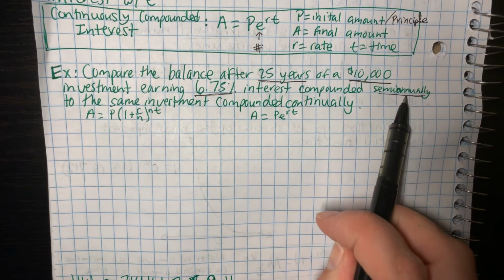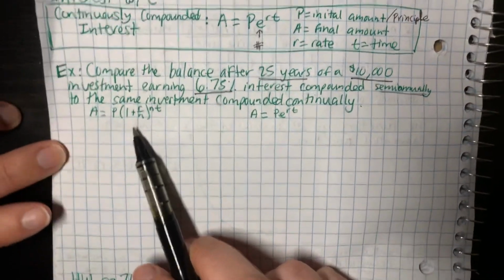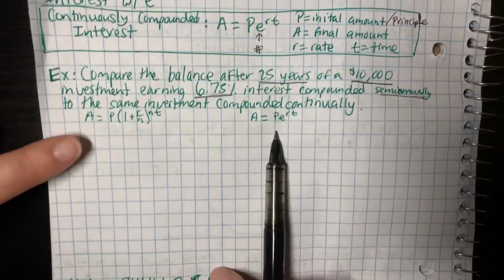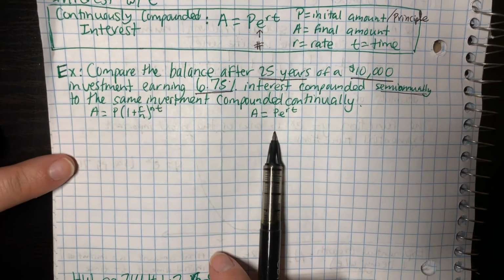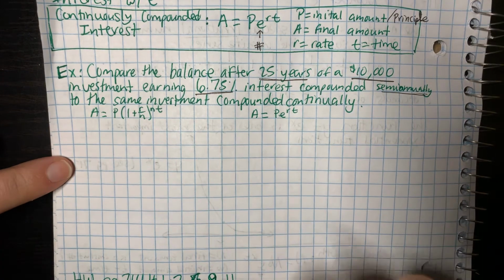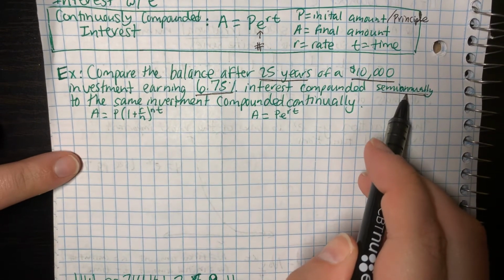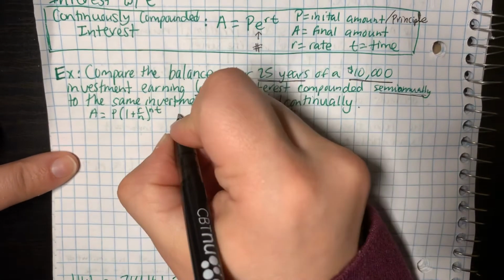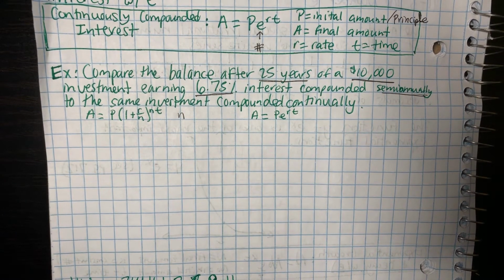Okay, so for semi-annually, we're going to need to use our equation from the other day. So let's find the difference in the two equations. Nice thing about PERT is that there's a lot less pieces to plug in. All right, so over here, this is going to be our semi-annual one. So our number of times it's going to be compounded is going to be 2.